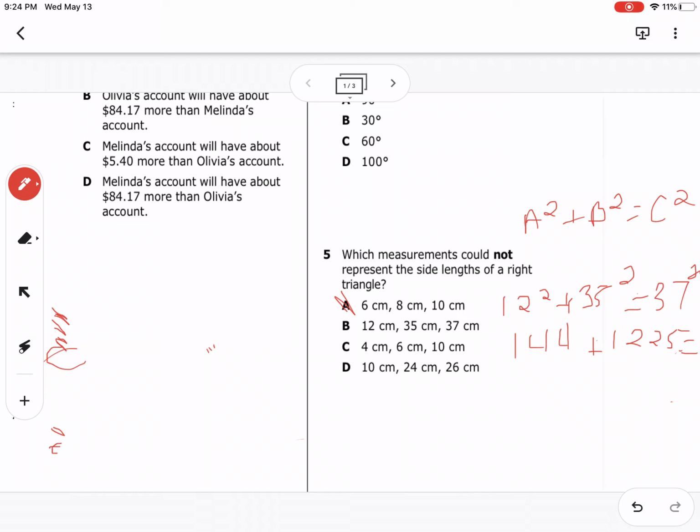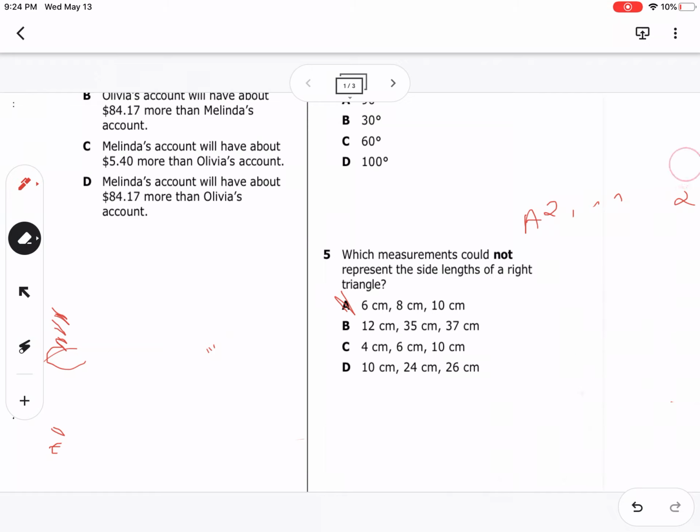So 37 times 37 is 1369. Now you add those together, 144 plus 1,225, that equals 1369. So that is also correct. We can mark that out because that also works.